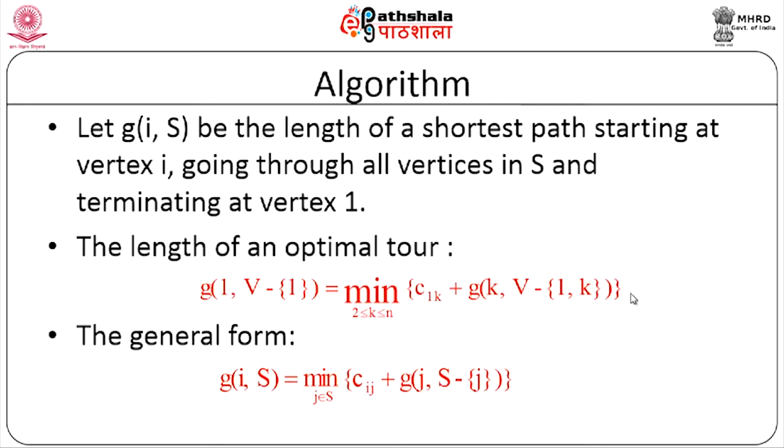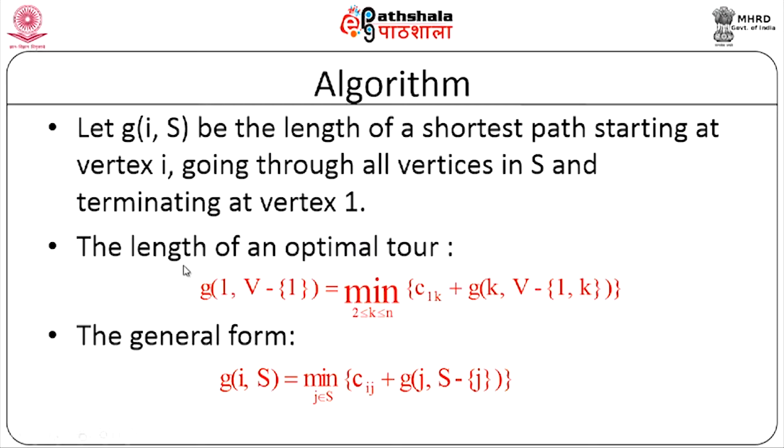So, the core idea is going to be like this. I am going to find g of i comma S. This is going to be the length of the shortest path starting from the vertex i, going through all the vertices in S and terminating at vertex 1, which is considered to be the source or the home city of the salesperson.